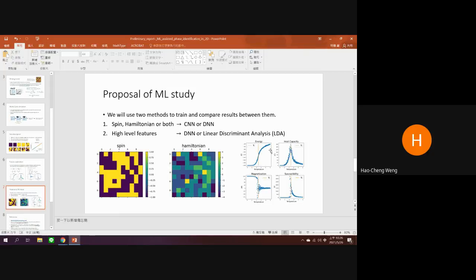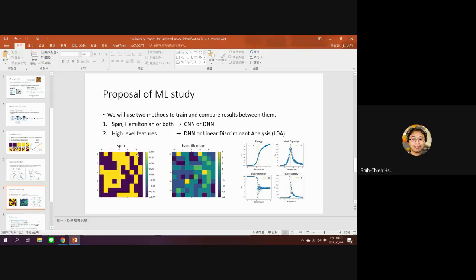So what you're asking is whether we define the phases with the Hamiltonian. In fact, we have three kinds of data. One is the spin configuration, the second is temperature, and the third is a label, which tells us at some specific temperature whether this spin configuration is in the first phase or second phase. So we train with the label of this phase information.